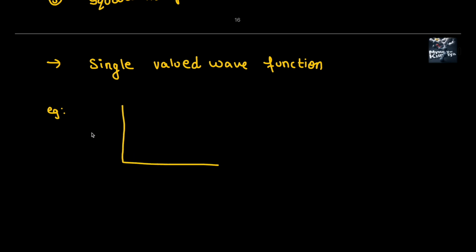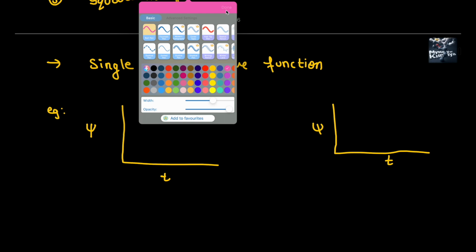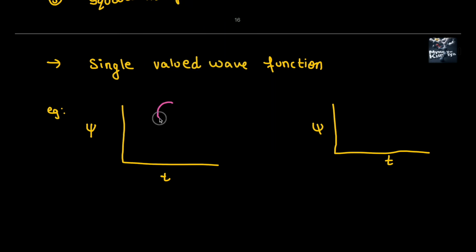If I plot them with respect to time, and suppose it is psi, and again an example is this. The very first function could look like this. Suppose we have this kind of function, and the other function is this.